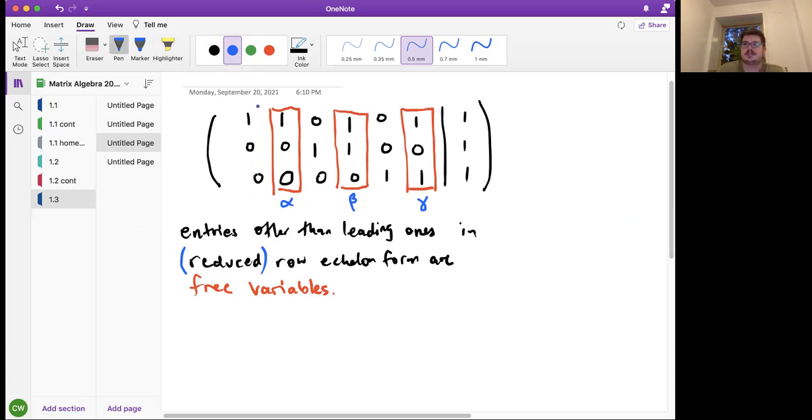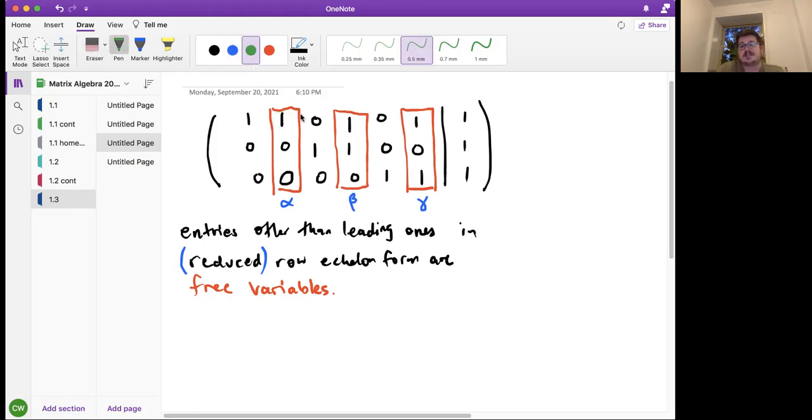Leading ones exist in row echelon and in reduced row echelon. However, you can see where free variables exist in the entries that don't have them, so this would be more useful for reduced row echelon, right? Because you would have entries that are not canceled out by reduced row echelon form.